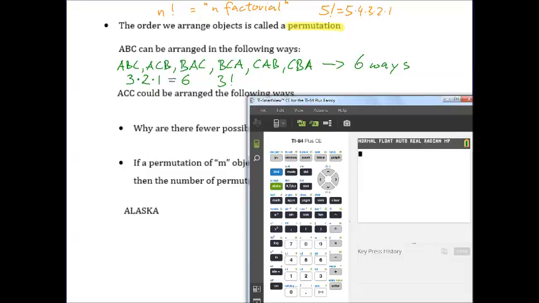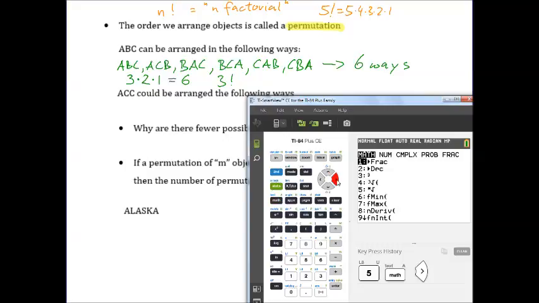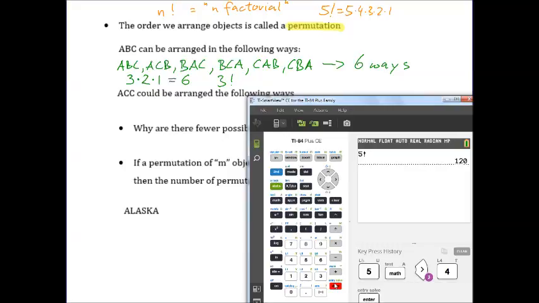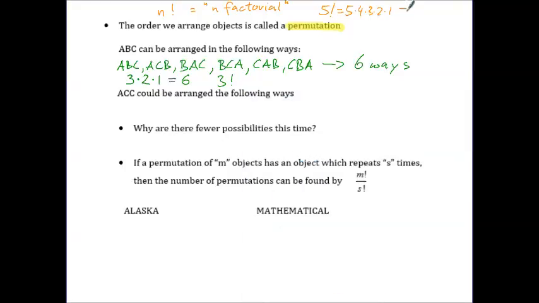So if we wanted to know what 5 factorial is, take the number 5 and now go into the math menu, go over 3 steps to probability, and number 4 is factorial, and 5 factorial is 120. Those numbers tend to get large very fast as you're multiplying ever larger and larger numbers with each other.